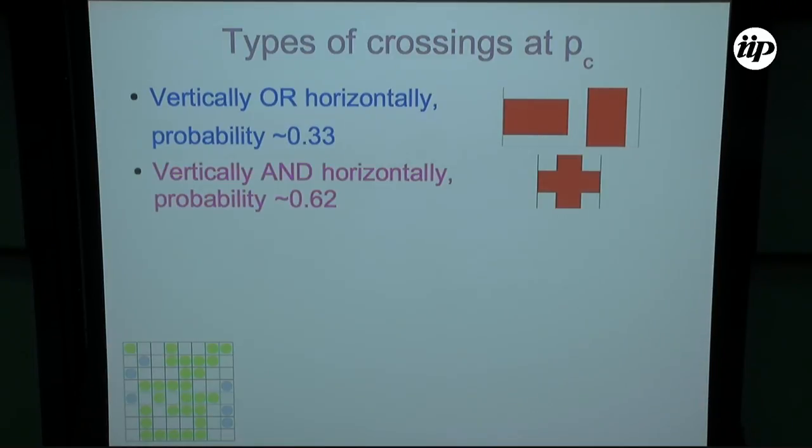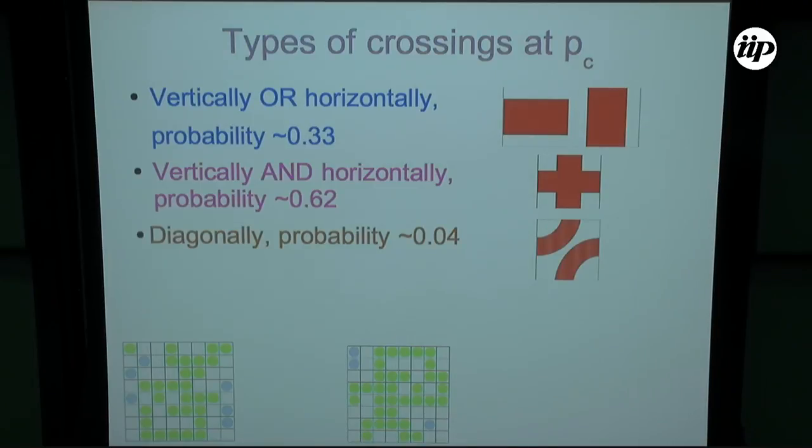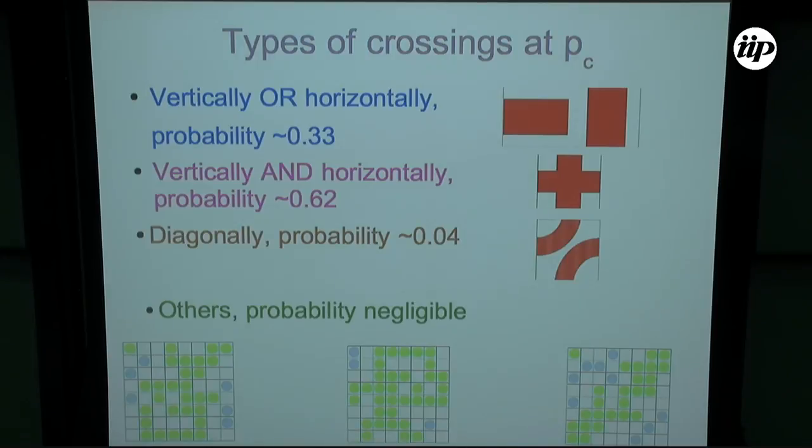Or you can also span in both directions, like in this picture here, horizontally and vertically, and this occurs with probability a little bit less than 2/3. Or you can span diagonally, like there, with a small probability, 0.04. And then, depending on boundary conditions, you can also have more exotic spanning, like winding several times if you have periodic conditions, but the probability of those is very, very small, so we will neglect it.